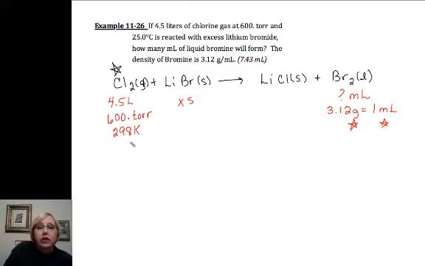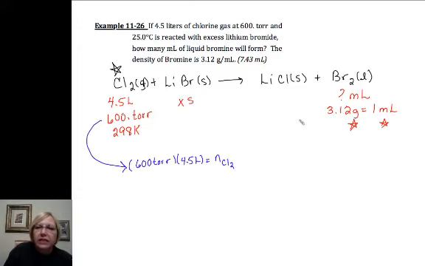But we're going to first start by doing a formula before we can hop into our dimensional analysis using PV = nRT. So we have 600 torr, 4.5 liters, and that's going to give us our moles of chlorine.